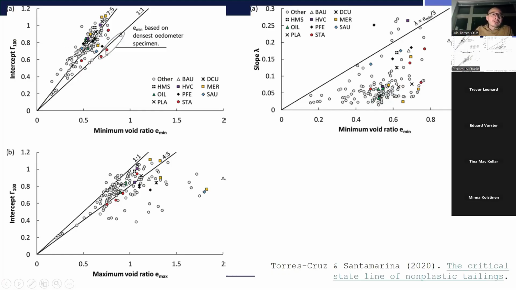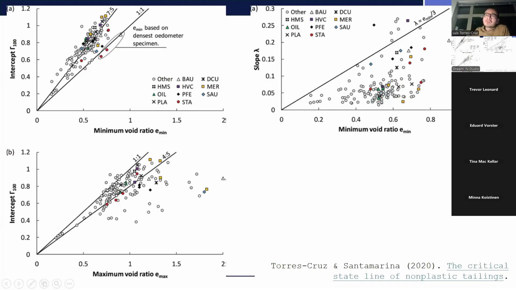And the markers that are indicated here with color, those are tailings. And they follow the same trend as the non-tailing soil. So we know that this correlation is applicable to tailings. There's also a perhaps weaker correlation with Emax, but although it is weaker, I think there's still some use in considering this.